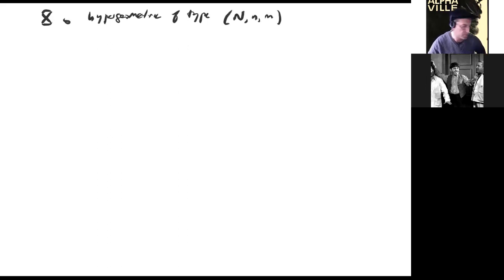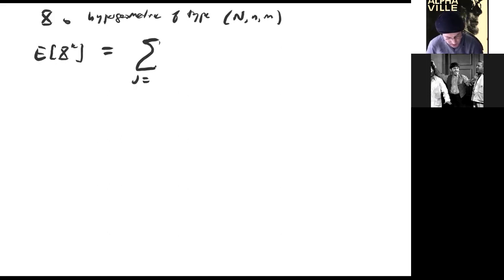So let's assume that X is hypergeometric of type capital N, lowercase n, m. So now what is the expected value of X to the power of k for some non-negative integer k? Well, by definition of expected value, that would be the sum, let's use j equals 0 to n.